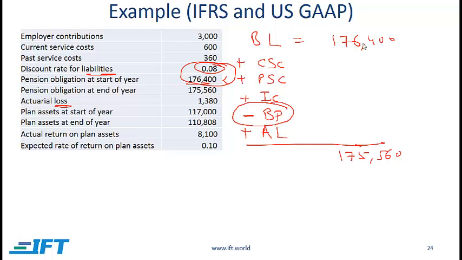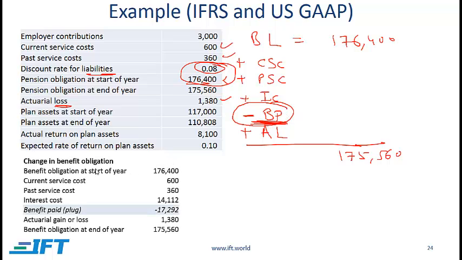We know the beginning liability, we know the current service cost, we know the past service costs. I just told you how to calculate the interest cost, which would be 8% into this number, and then minus some benefit paid plus the actuarial loss, which is this number, gives us this. So through algebra, we can calculate this number. And here I will show you the numbers. So we have this.